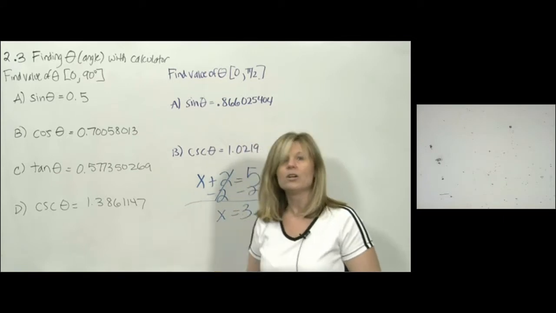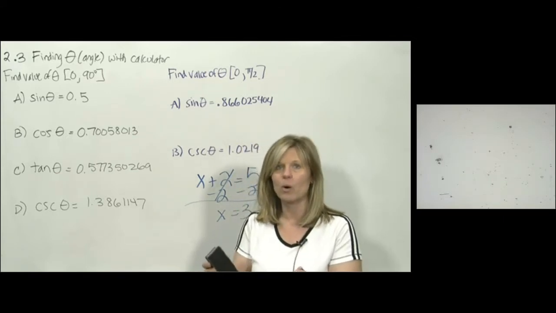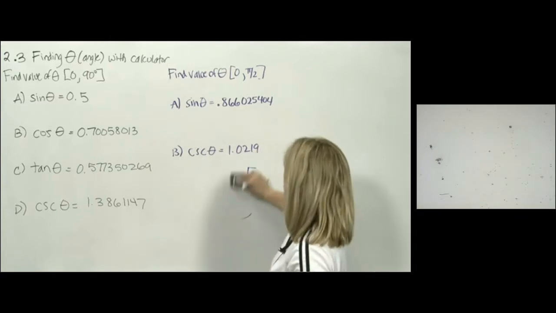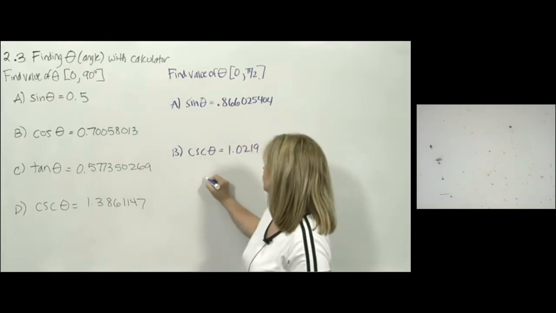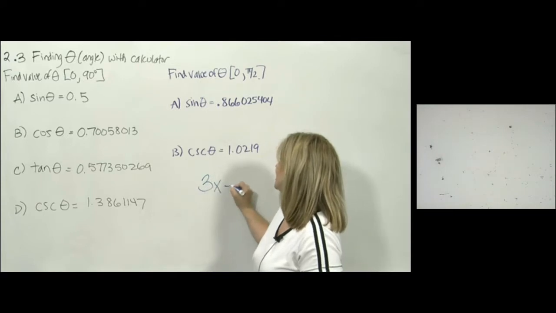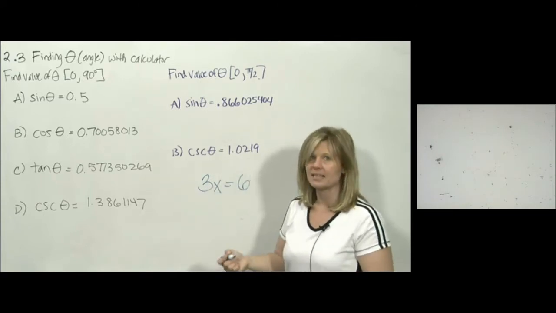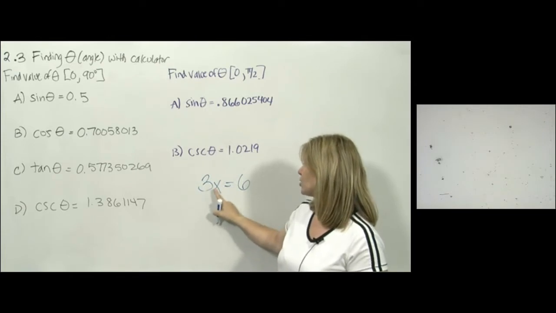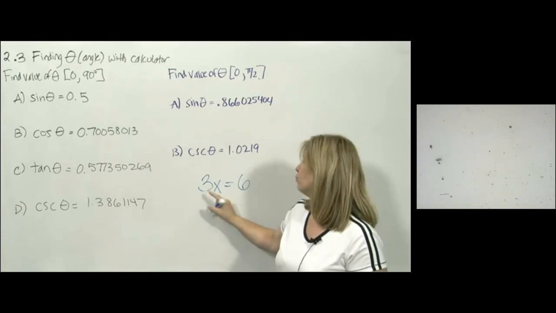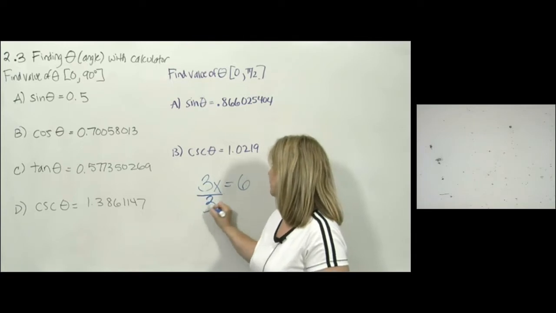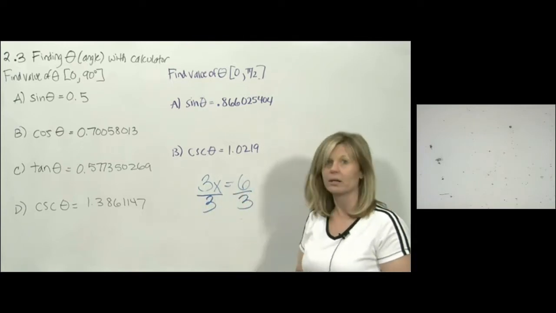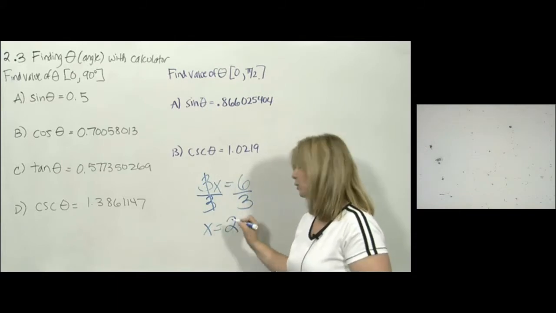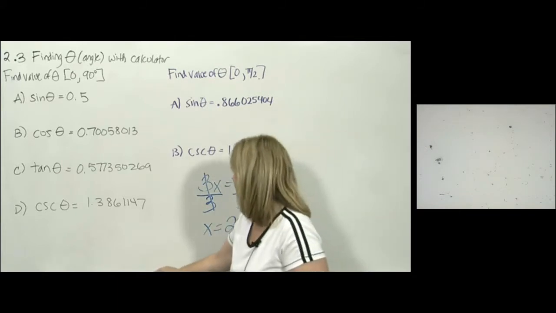So we know to isolate a term in an equation, we have to move anything over by doing the opposite operation. If I wrote the equation 3x equals 6, and I said solve that equation, we know that the 3 and the x are connected by multiplication. So to move the multiply by 3, we do the opposite operation. We divide by 3. And we would get x equals 2, correct?